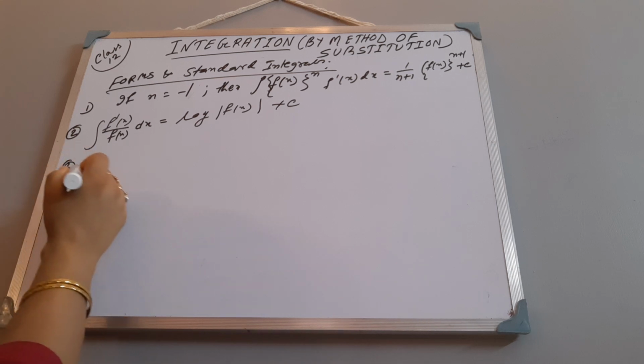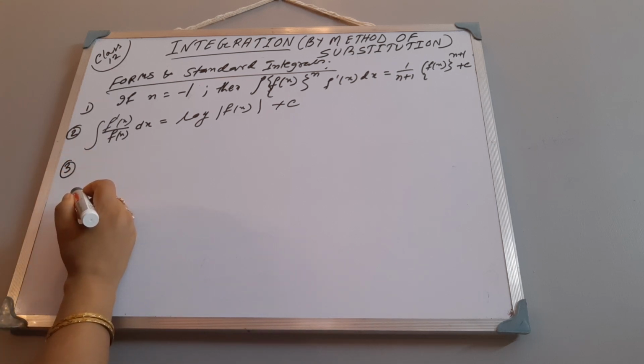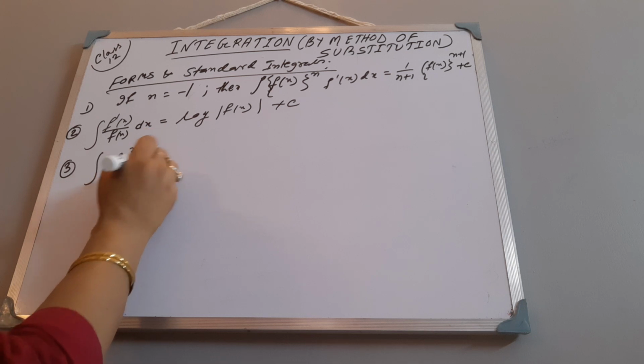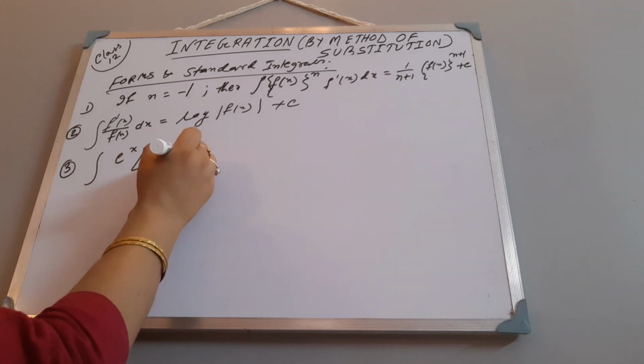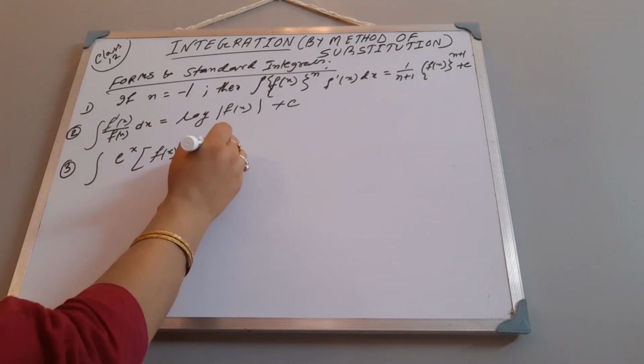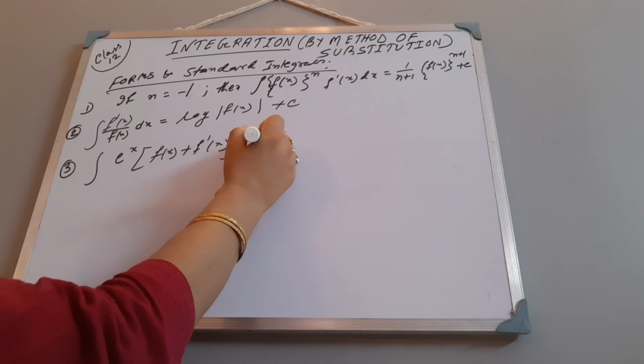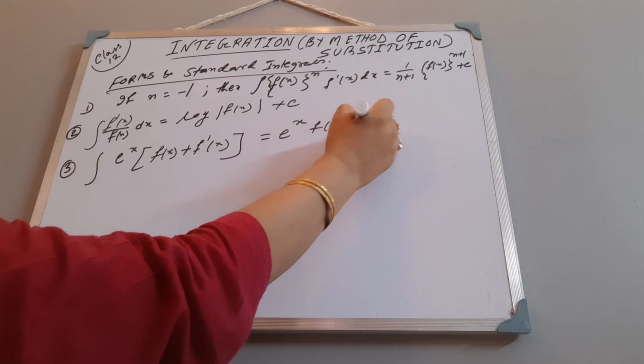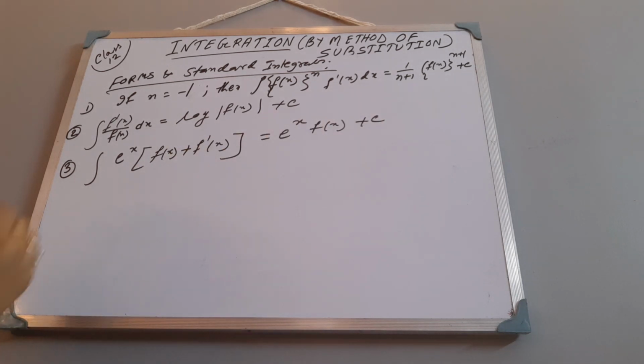Number 3, integral e to the power x [f(x) plus f dash(x)] dx is equal to e to the power x f(x) plus c.